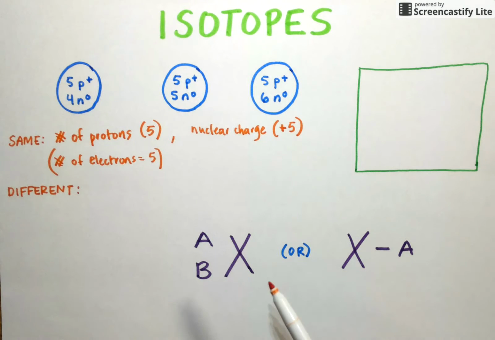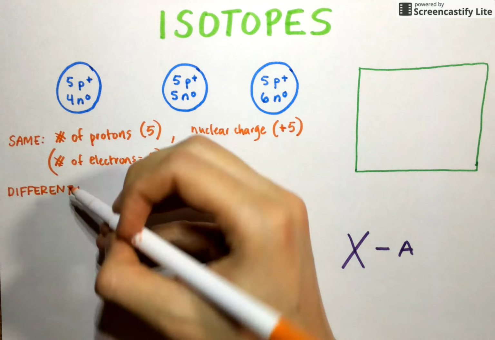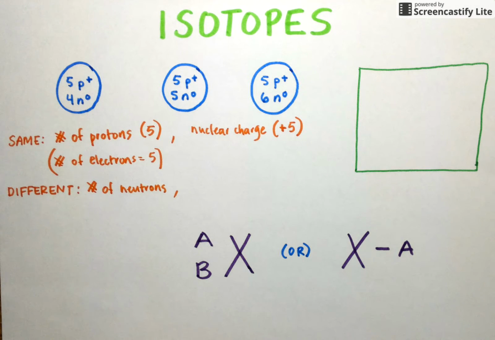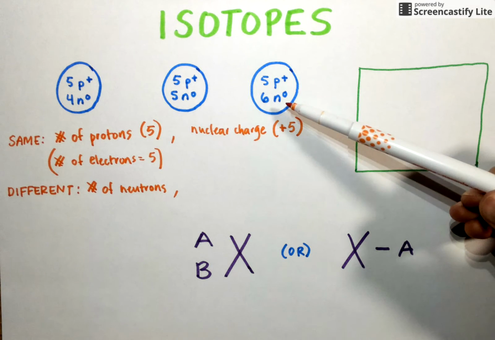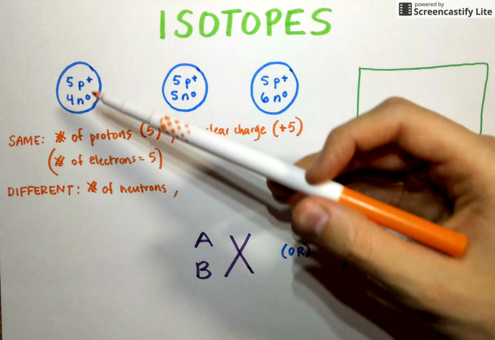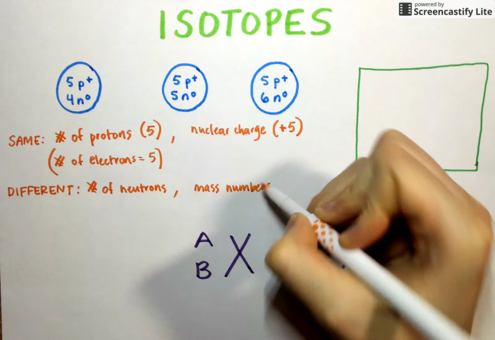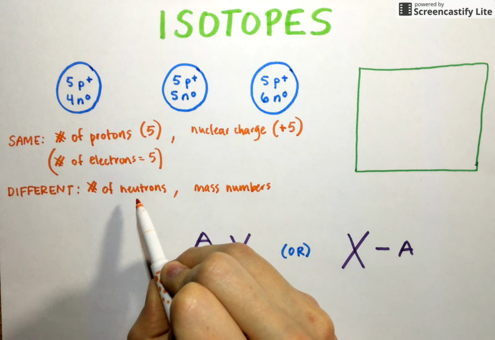What we also know is that if these 3 atoms all have 5 protons, they all have the same nuclear charge, because the nuclear charge is directly related to the number of protons. And we know that the charge in the nucleus is positive because of those 5 positively charged protons that are present. But the similarities kind of end there.